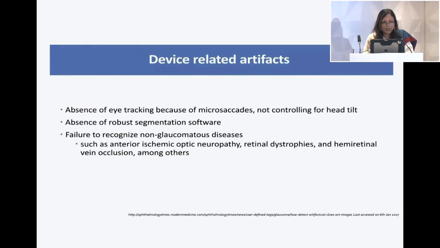Device-related artifacts include absence of eye tracking because of microsaccades, not controlling head tilt, absence of robust segmentation software in the OCT, and failure of recognizing non-glaucomatous disease, such as we have the next speaker on the retinal changes in OCT, so I will skip that.